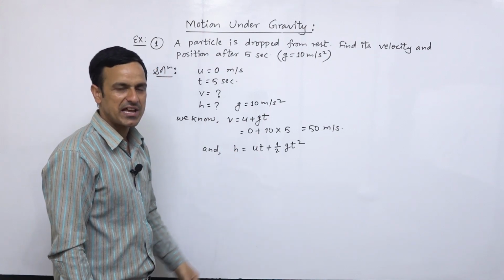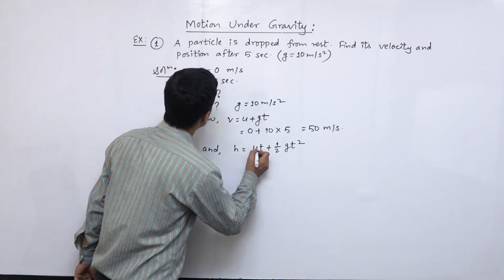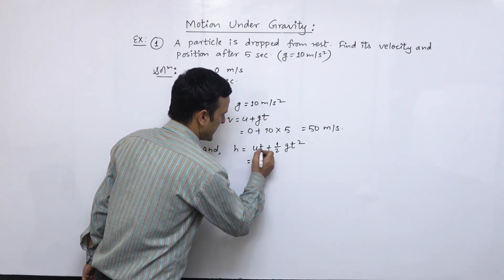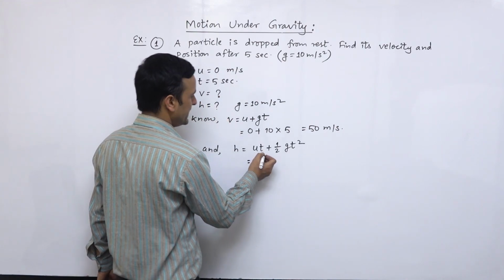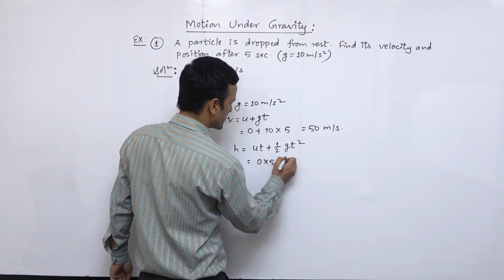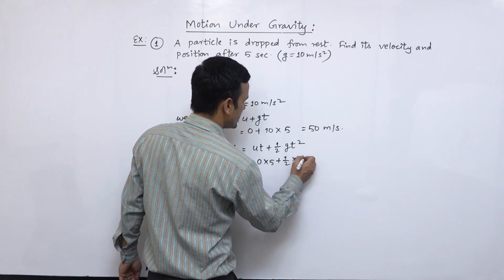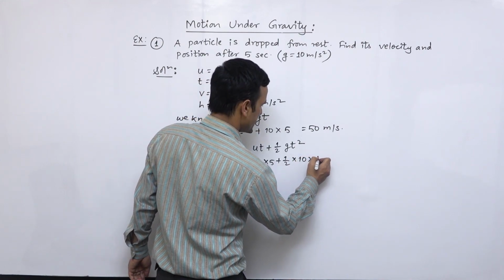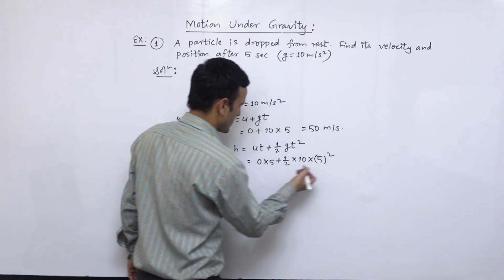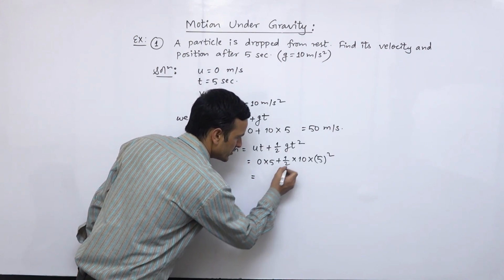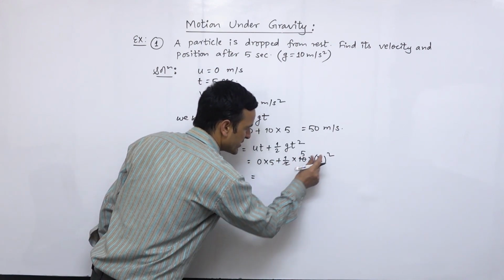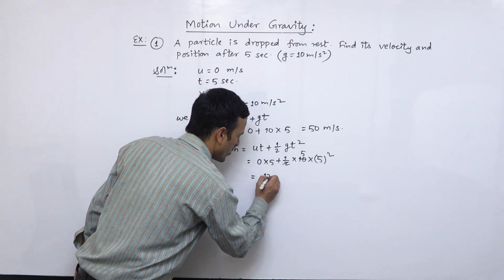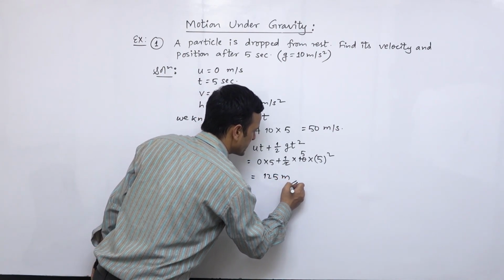That's why this formula is suitable. And u is equal to 0. So it will be 0 × 5 + 1/2 × 10 × 5². So it will be 5 times 25, which is 125 meter.